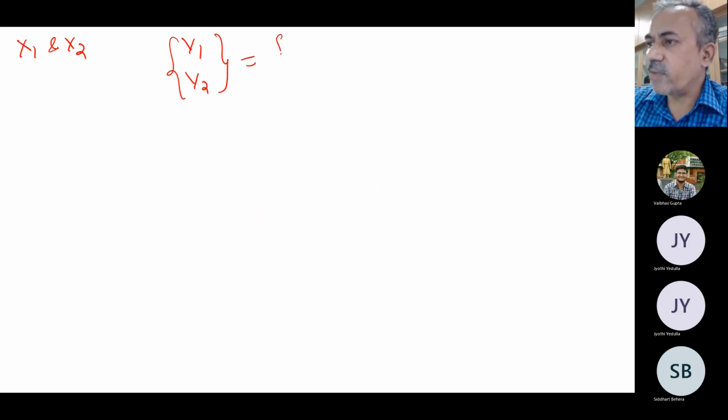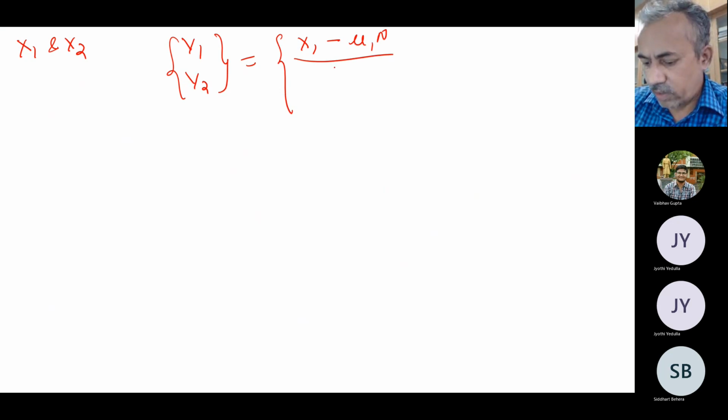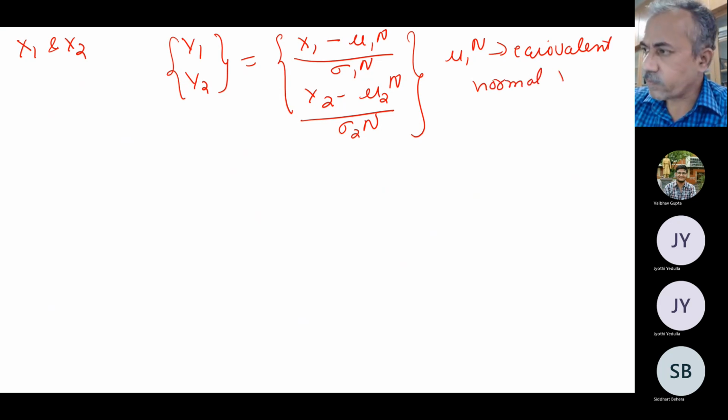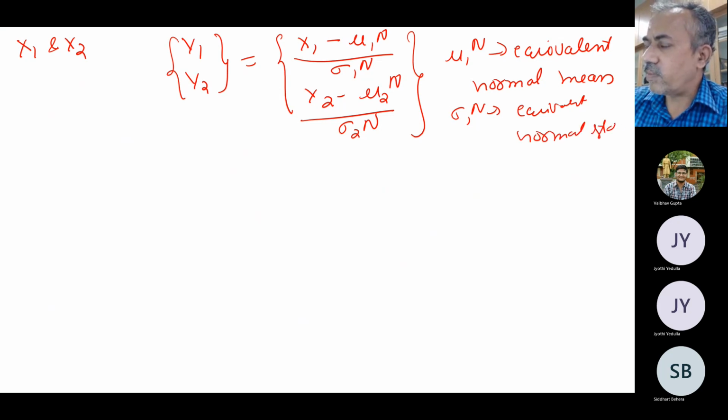If they are uncorrelated, then it becomes very easy: y1 equals x1 minus mu1n by sigma1n, and y2 equals x2 minus mu2n by sigma2n. The n indicates the equivalent normal mean and the equivalent normal standard deviation. This is the most important step that you have to do in our calculations.